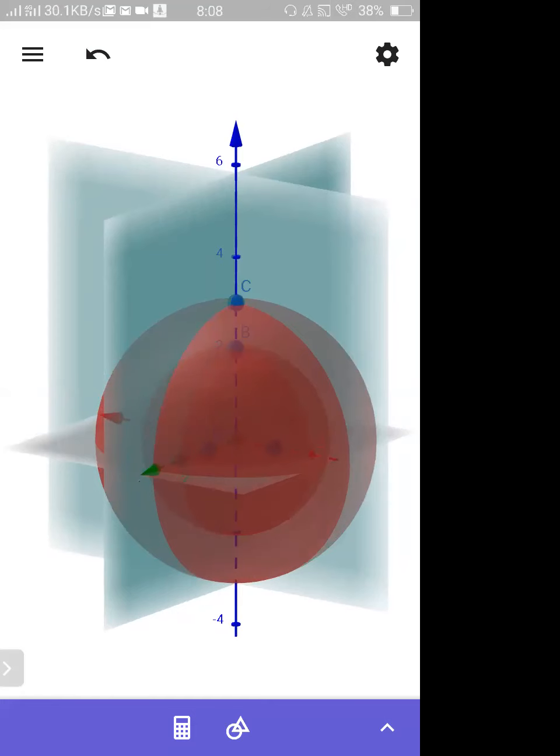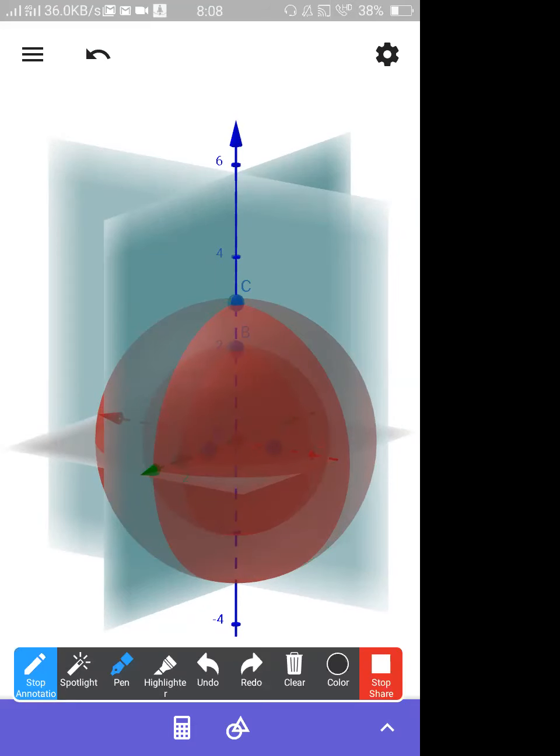Are you all observing, sir? For a smaller sphere, the arc variation is like this. For a bigger sphere, the arc variation is like this. By keeping the other parameters constant, if you increase r, your arc length will still increase.